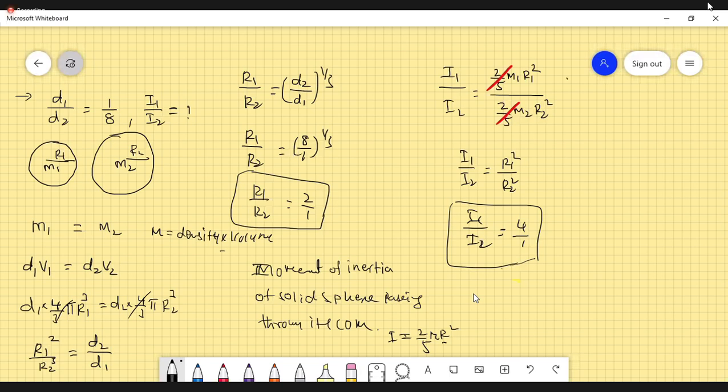So next one, see. The problem number is 24. The radius of a solid sphere is r and its density is d. When it is made to rotate about an axis passing through any diameter of the sphere, the expression for its moment of inertia is.